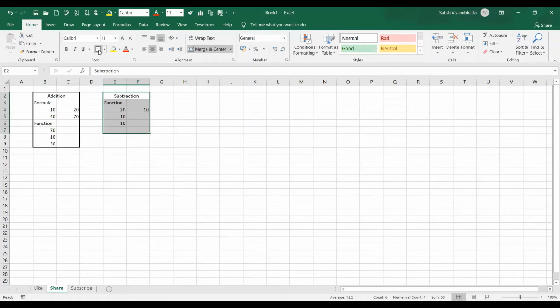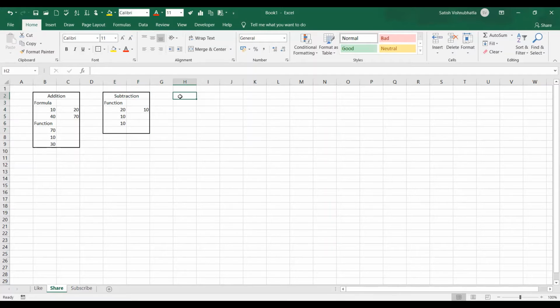Now let me tell you about the third arithmetic operator, which is multiplication. This has a formula and a function also. The formula is, for example, I want to multiply these three numbers, which are 10, 2 and 2.